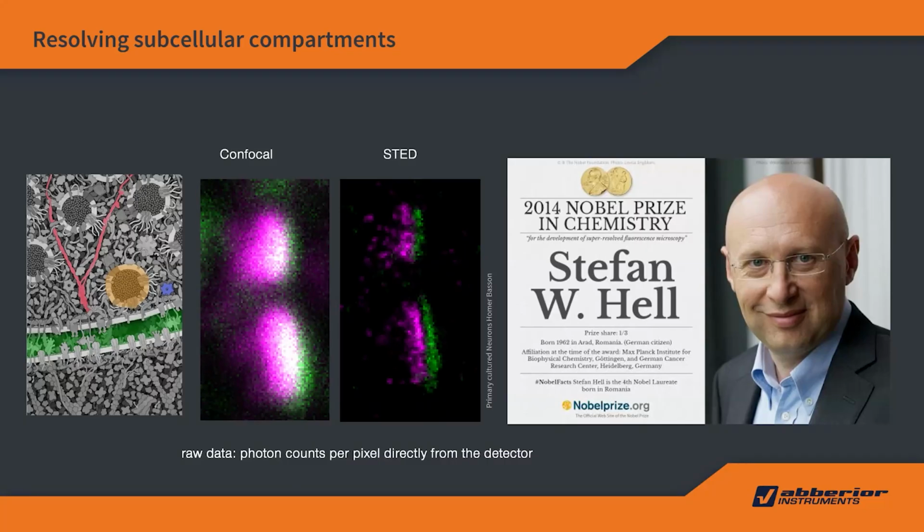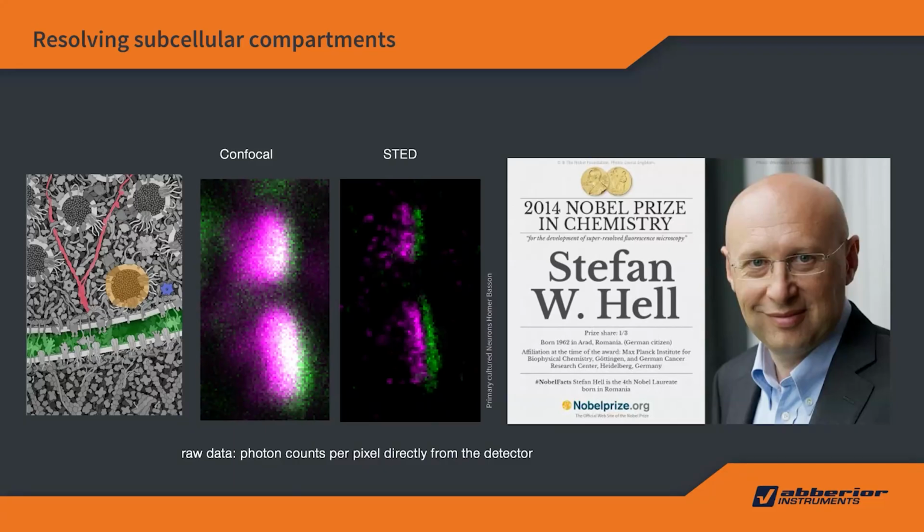Another one is called Abberior Labeling and Dye Technology, because as the resolution improves, the labeling technology and the complex size and positions, all these you have to take into consideration in your experimental design.